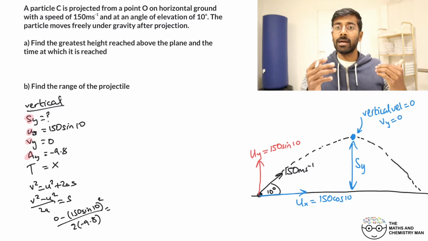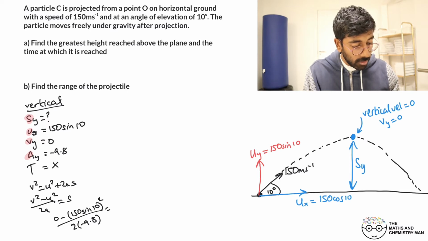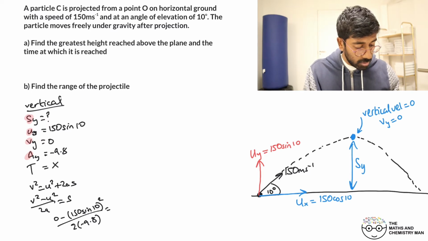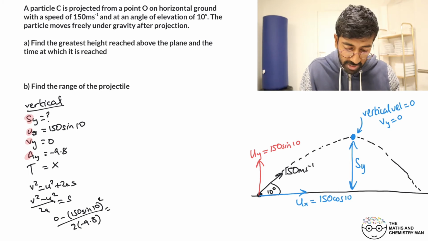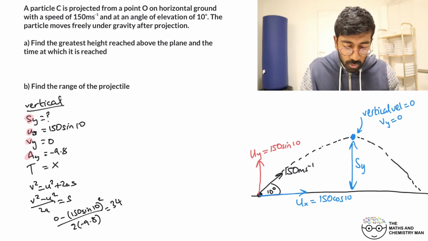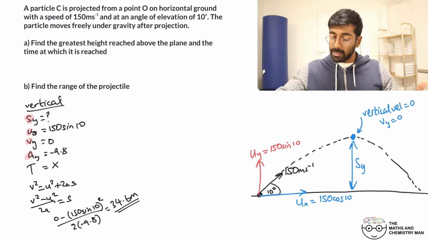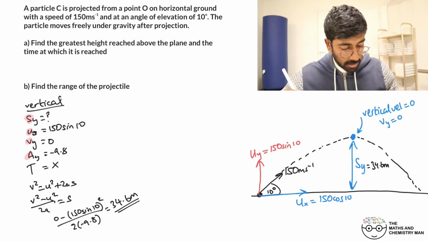Let's punch it in the calculator. So minus (150 sin 10) squared over 2 times minus 9.8. Oh, right, that comes out as, we'll go with 3 sig figs, 34.6 meters. There we go. So we've got that. Let's put this here. That's 34.6 meters.